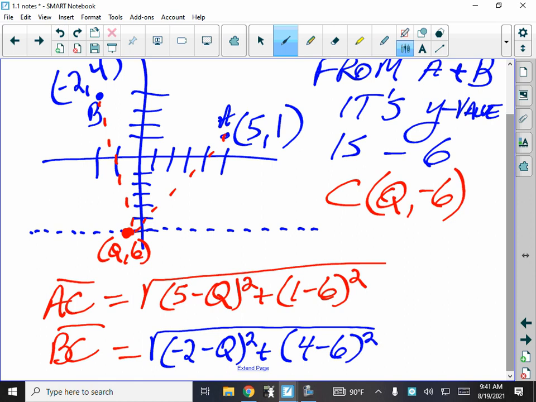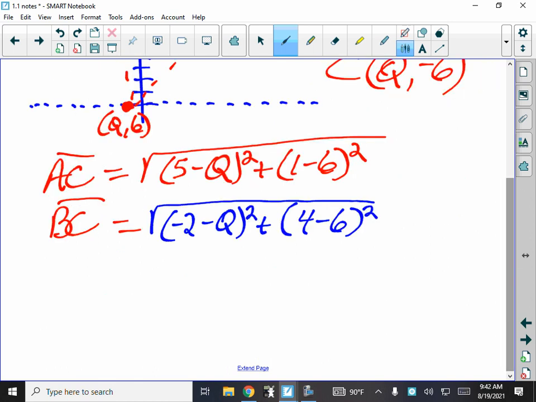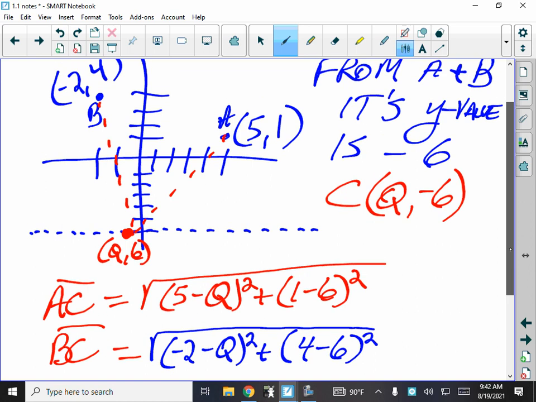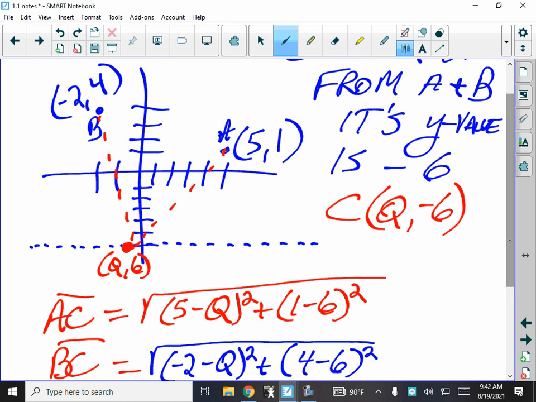Did I lose anybody? Oh, hang on. I can extend that page. My bad. Yes? Isn't the 6 supposed to be negative 6? Did I mess up? Oh, yeah, thank you. Bonus point.